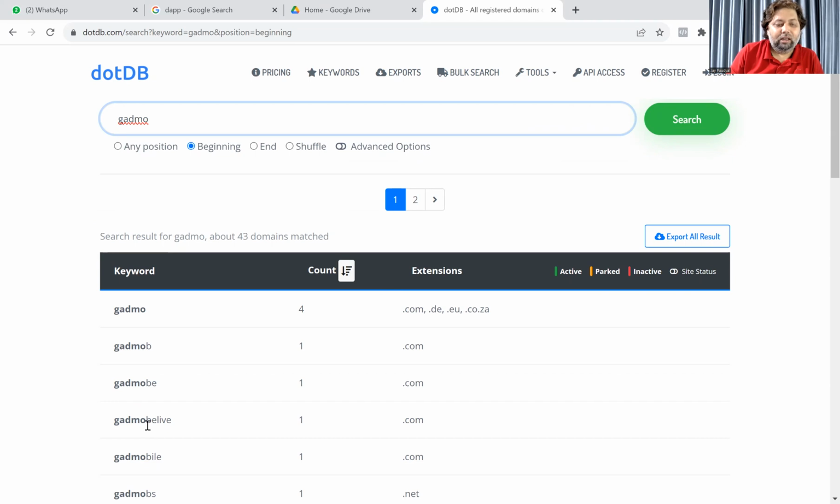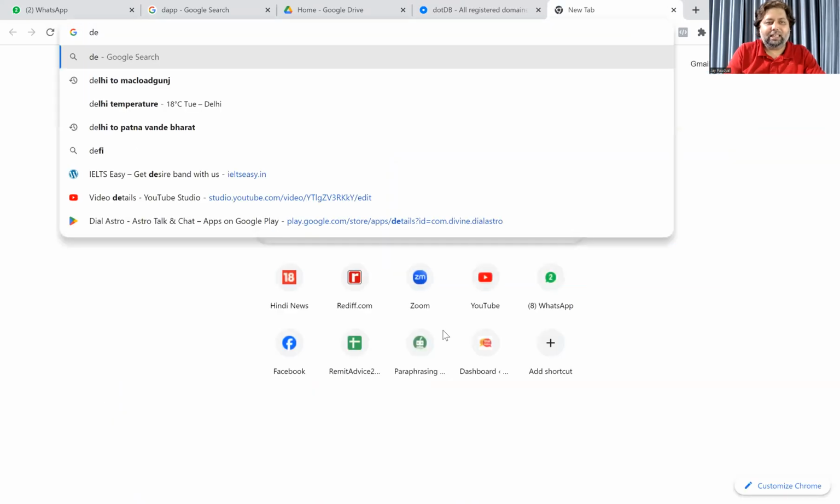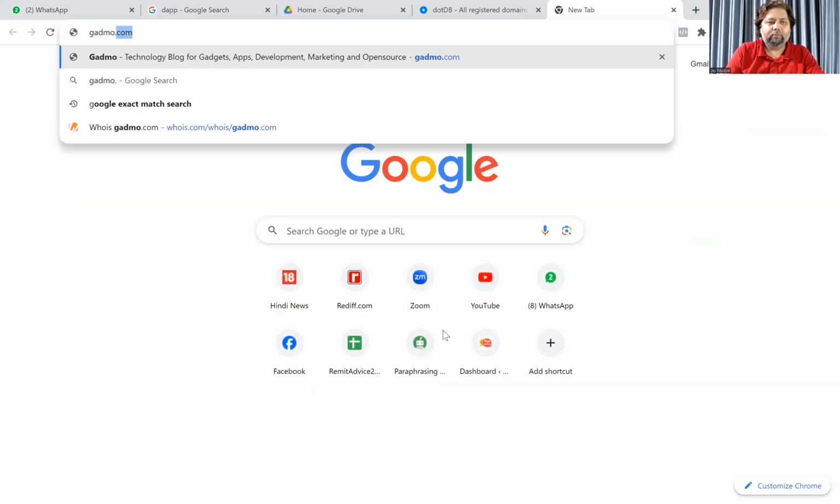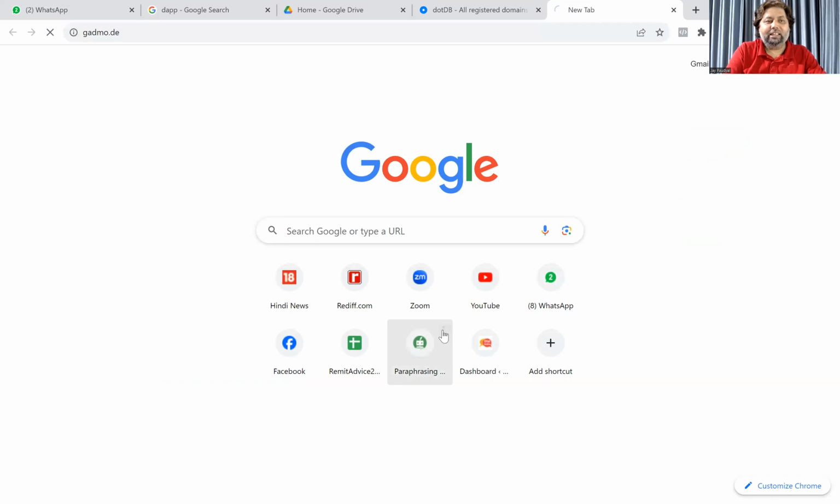At least I should check if there is any website on gadmo.de. If they are running any website, I can approach them to sell gadmo.com. Are you getting my point?